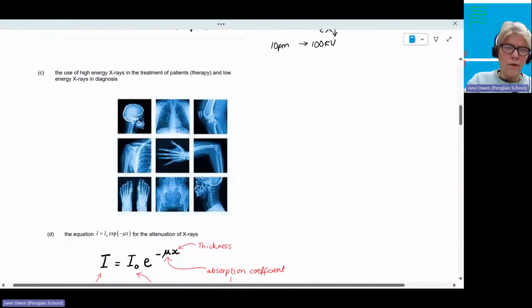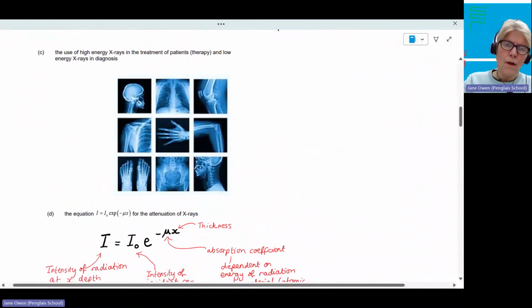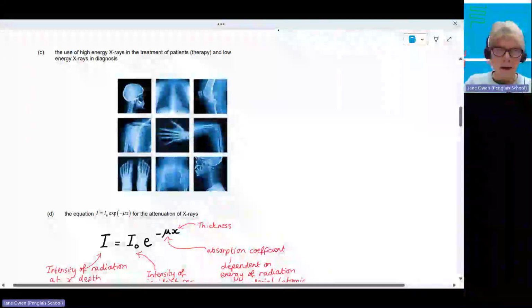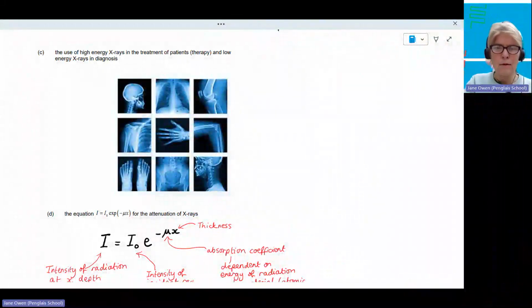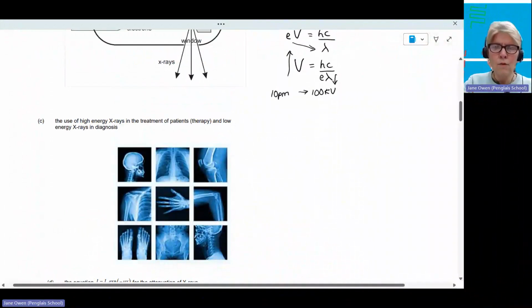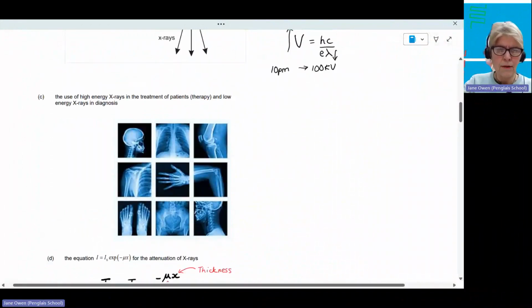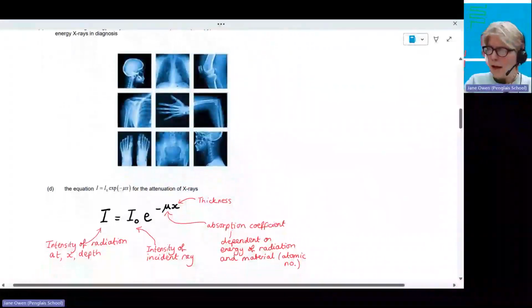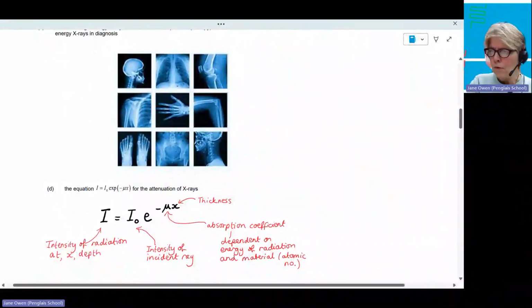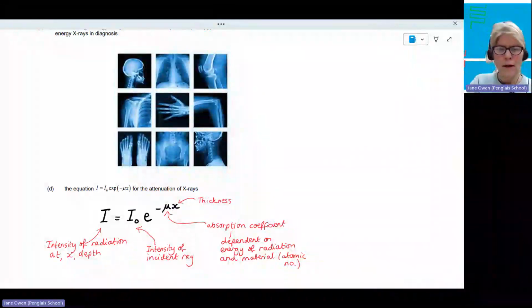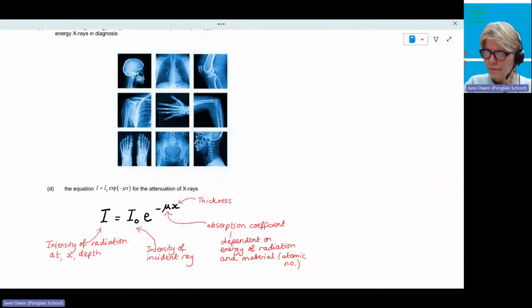As for the use of X-rays, we use high energy and low energy X-rays, and that will hark back to your voltage and the wavelength that you can produce. Low energy X-rays are used in the diagnosis of imaging.